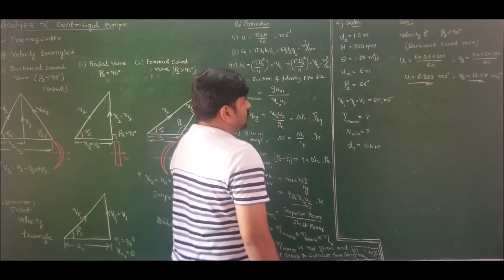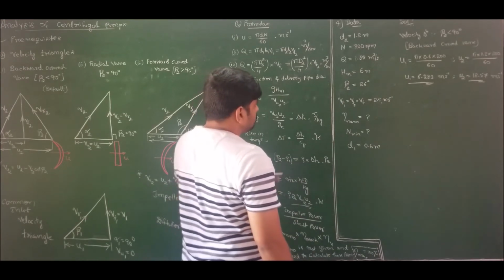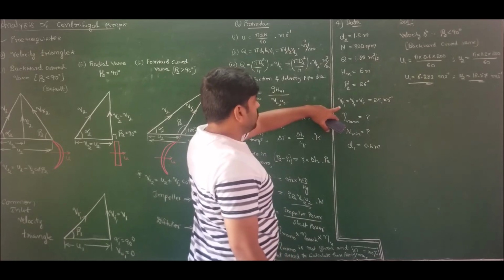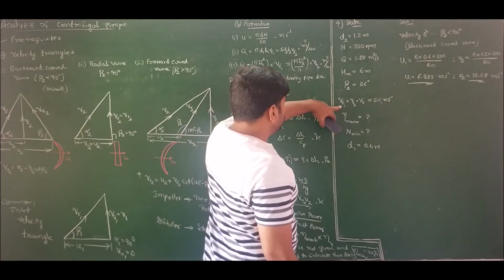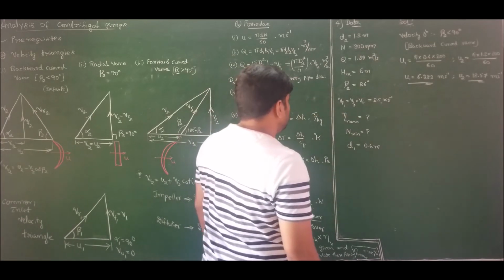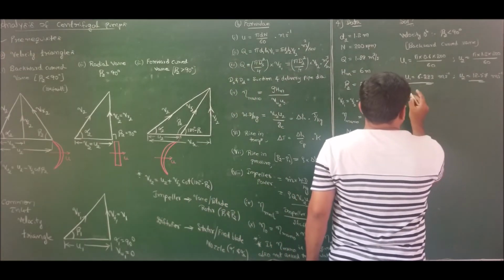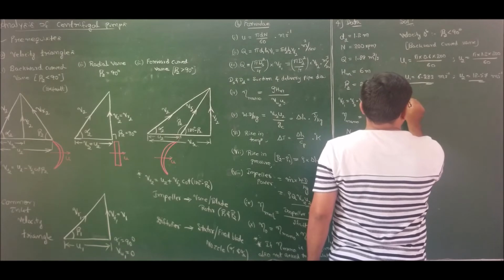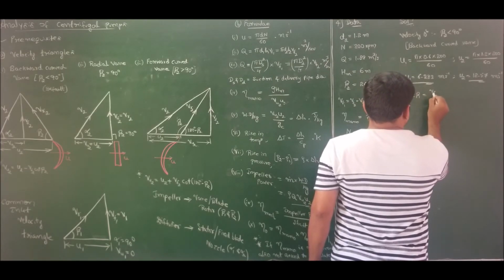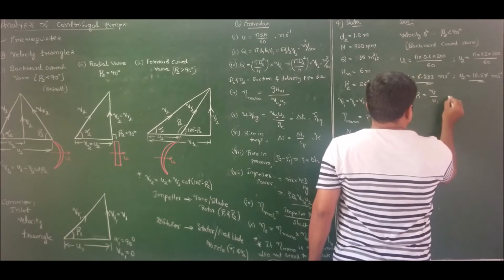We know the values of U1 and U2. Now he has given the value of Vf, by using which I can find the value of beta 1. That completes the inlet velocity triangle. That is, tan beta 1 is Vf by U1.